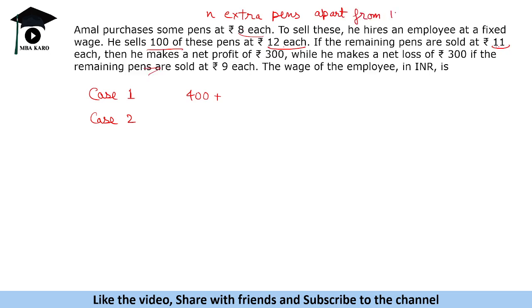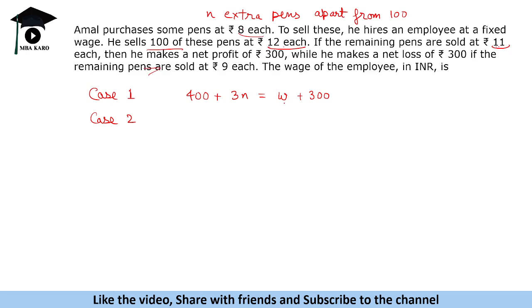So apart from 100, whatever extra he sells, he will earn 3 rupees on each. Now this is equal to, he has to pay wage also, and he has to make profit of 300 also. So wage plus 300 he needs to make. That is the total profit. So after selling all this, he will get profit in two parts.